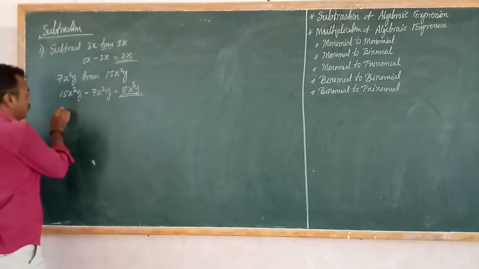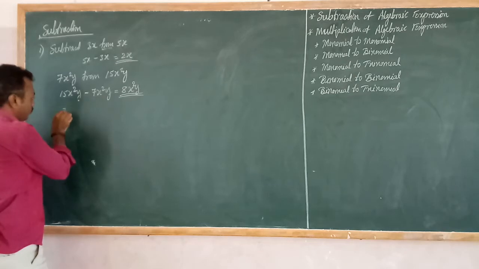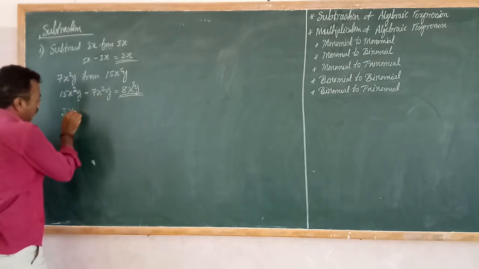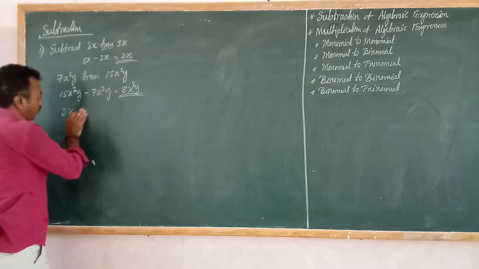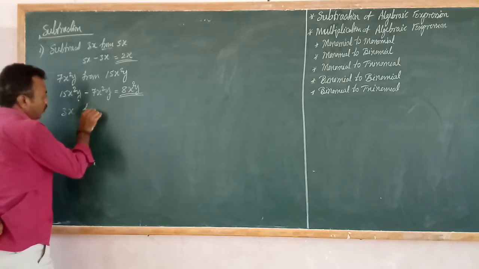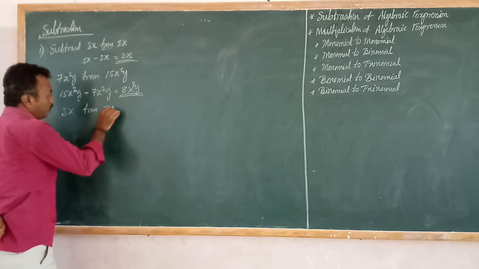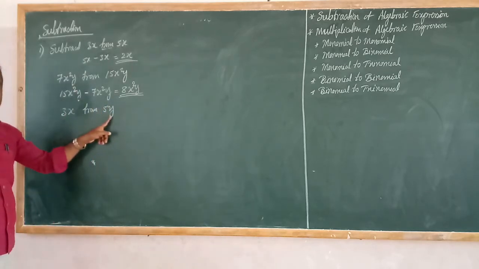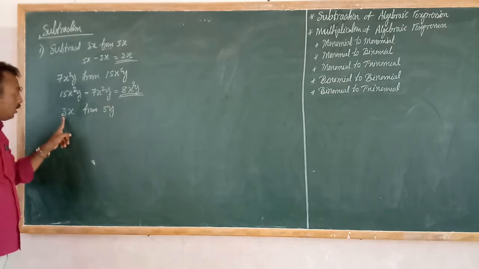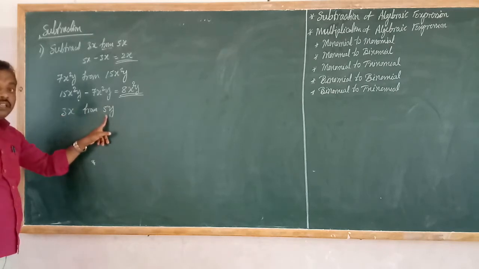So next one students, subtract 3x from 5y. See, this 3x and 5y are unlike terms.